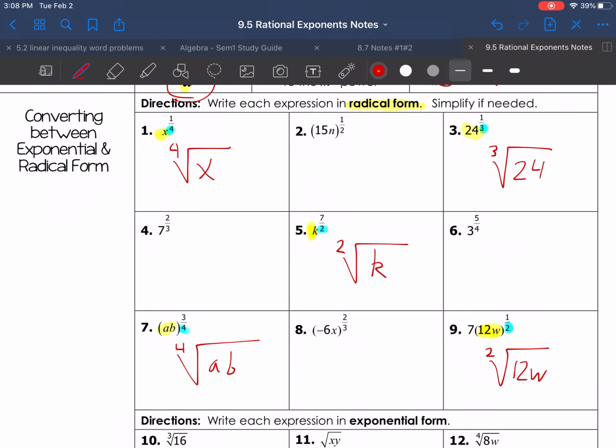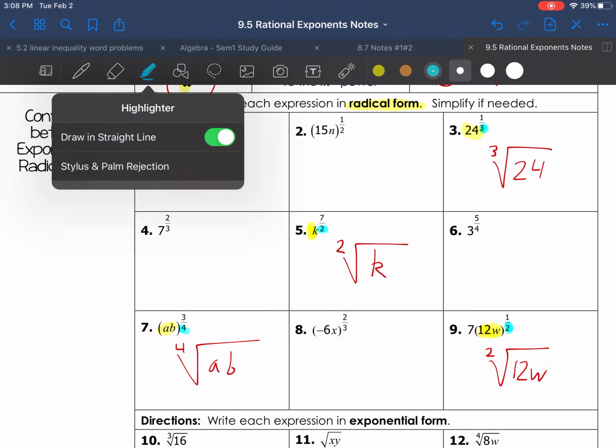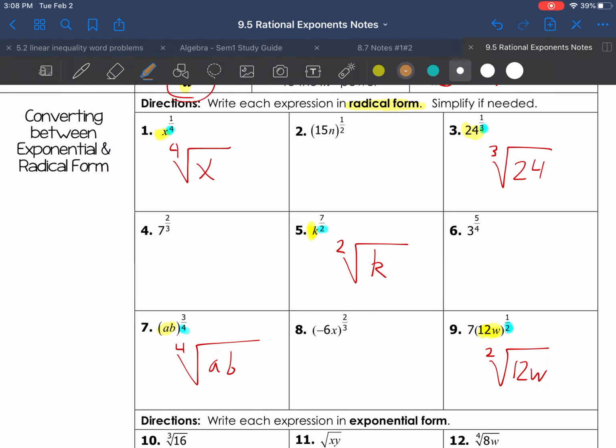Well, now I'm going to change my highlighter, let's do orange. And I'm going to do all the numerators of the exponent. So numerator has 1, numerator has 1, numerator has 7, numerator has 3, numerator has 1, and I'm going to write those where they belong. The numerator goes underneath the radical as a power.